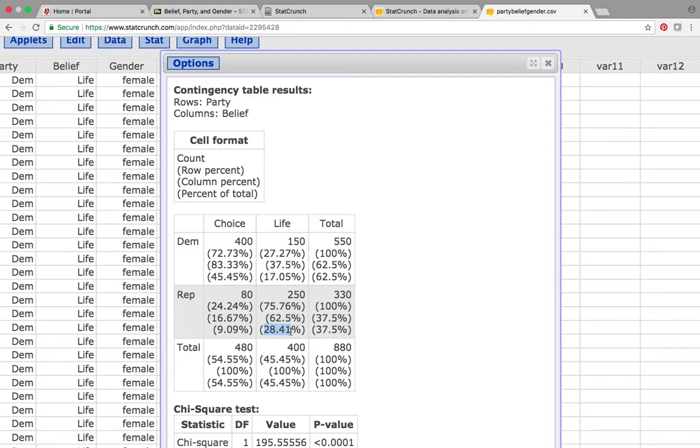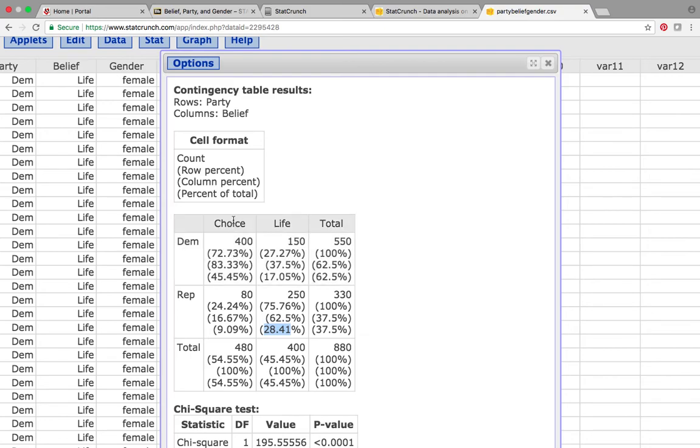Now that's a little bit deceiving, because really what we want to look at is the column percents, because we'd like to know, comparing across Democrat and Republican, or at least I would, what the percentages are versus pro-choice, pro-life.